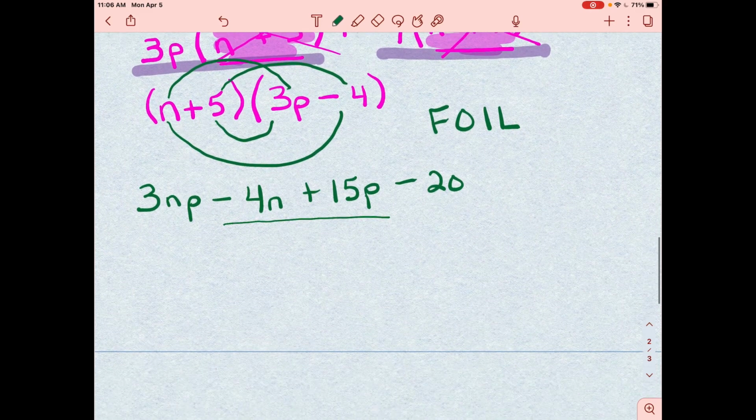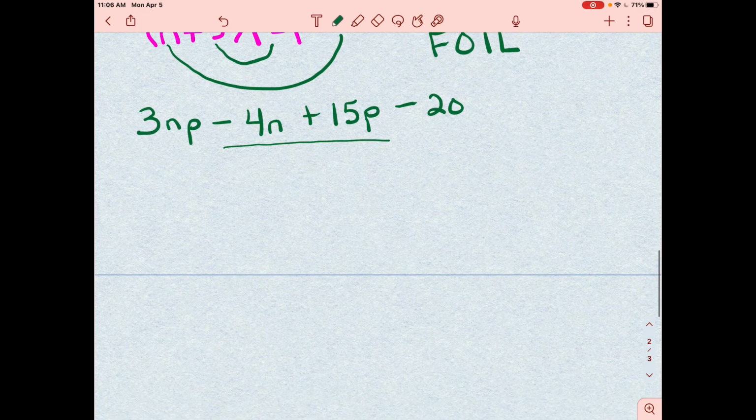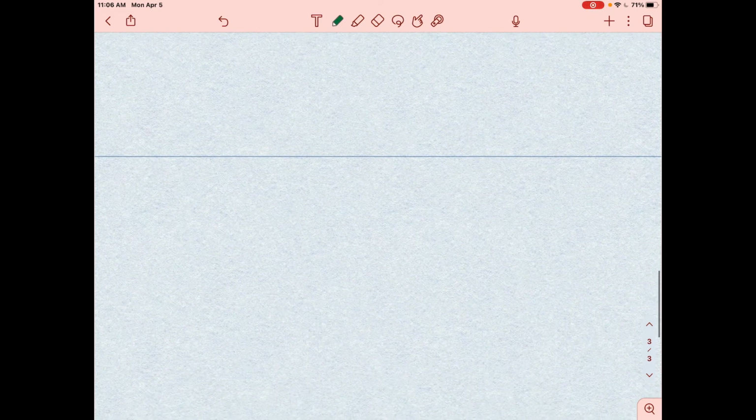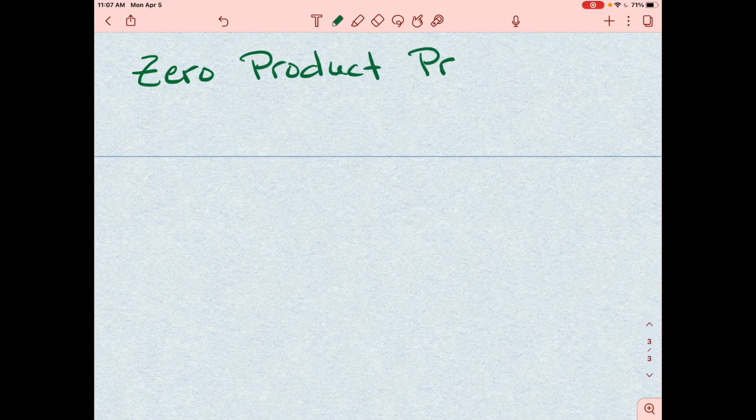All right. Let's talk about how we can use this to solve equations. We have something called the zero product property. You learned this as soon as you started multiplying by 0.